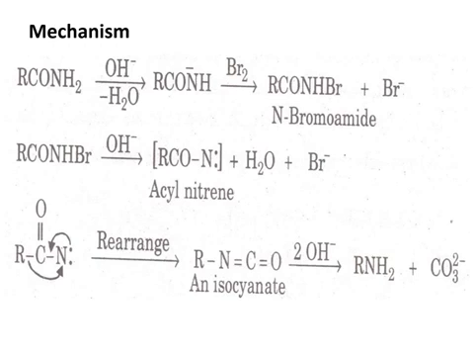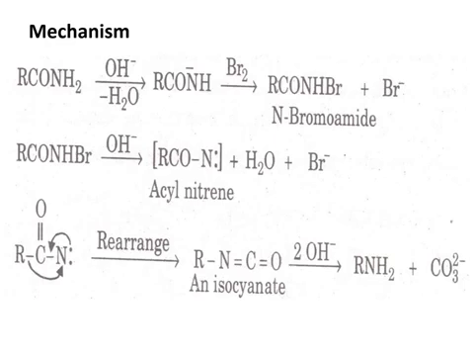So N-bromoamide further reacts with another hydroxide ion to form acyl nitrene, and this acyl nitrene rearranges itself to form an isocyanate. This isocyanate is converted into amine with the production of a carbonate salt.